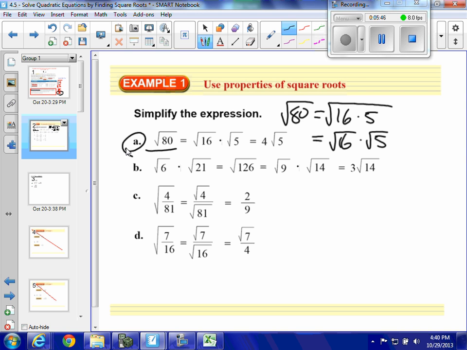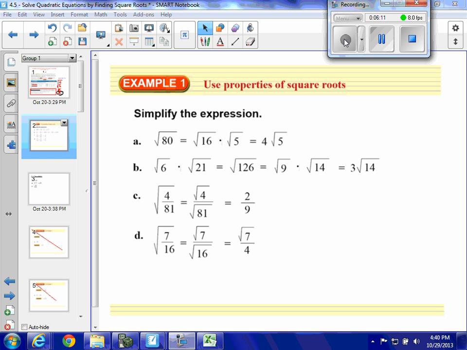The reason I picked 16 is because it's a perfect square. So that is equal to 4 times radical 5, and that's our answer right there. We have simplified the radical. You always want to pull out of the radicand any factor that is a perfect square.